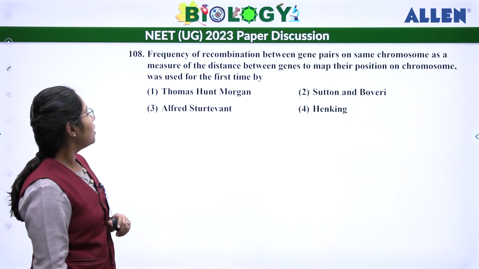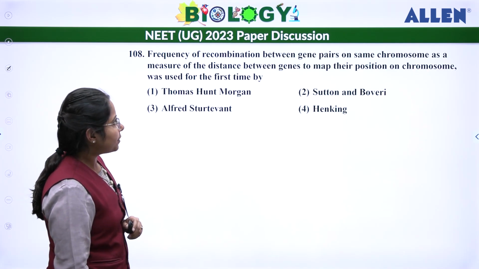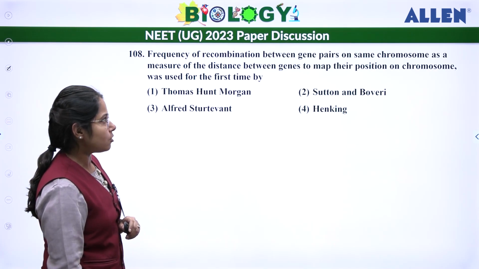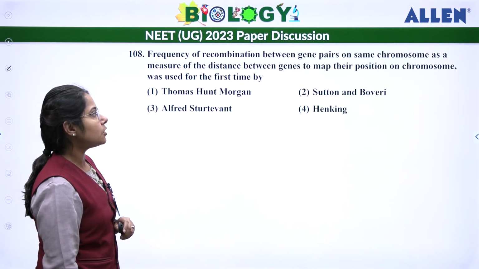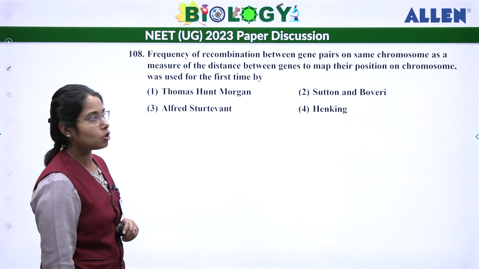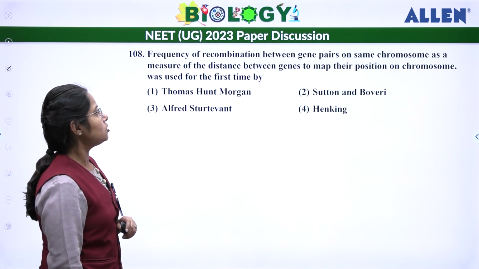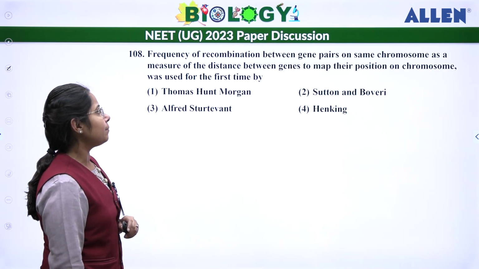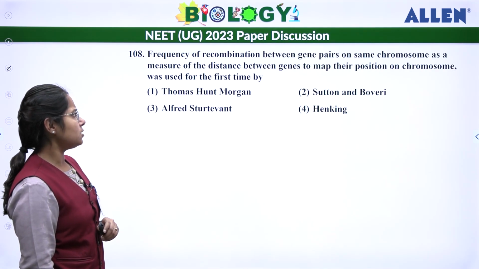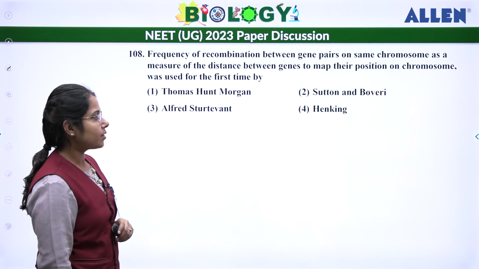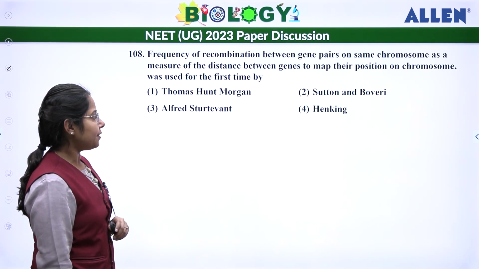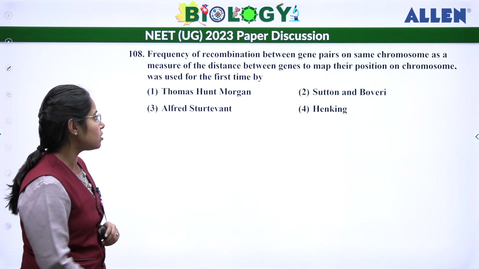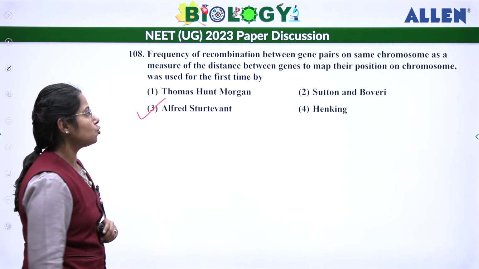Next question. Frequency of recombination between gene pairs on the same chromosome as a measure of the distance between the genes to map their position on the chromosome was first used by Thomas Hunt Morgan, Sutton and Boveri, Alfred Sturtevant, or Henking. So the answer for this will be Alfred Sturtevant.